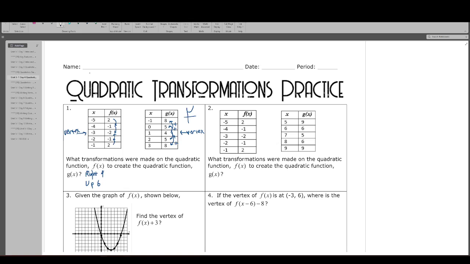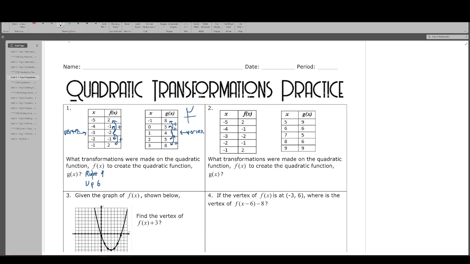Similarly, on this side, I'm going to erase this because I want to go away from the vertex now that we know where it is. If I go from here to here or here to here, I'm adding, and here to here, I'm adding. So that opens in the same direction, because as we go away from our vertex, the numbers are still getting bigger. So there's no vertical reflection.